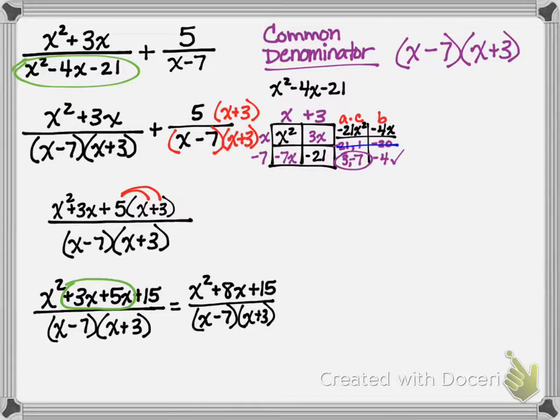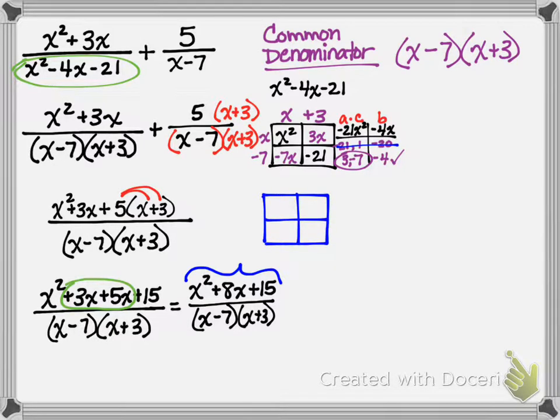And so now I need to see if that numerator is going to factor at all. And if the numerator factors, and either of those factors are exactly the same as one of the two factors that I have in my denominator, then this rational expression is going to reduce. So I'm going to look just at the numerator right now, and I'm going to see if I can get that numerator to factor.